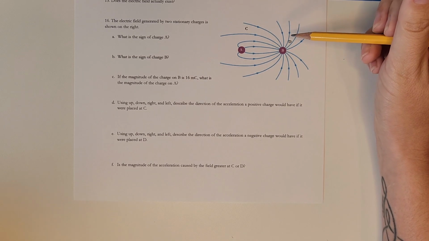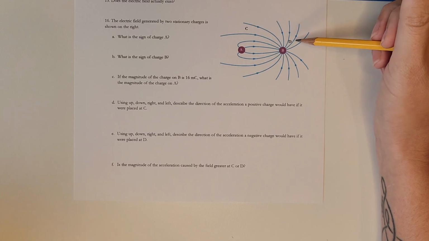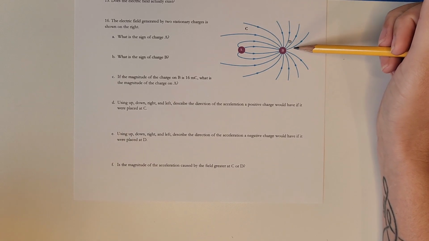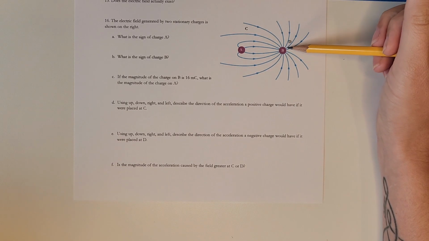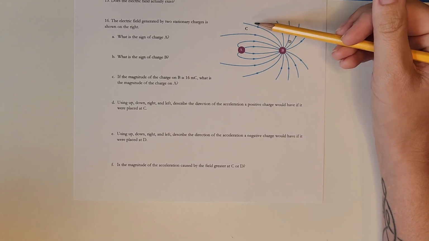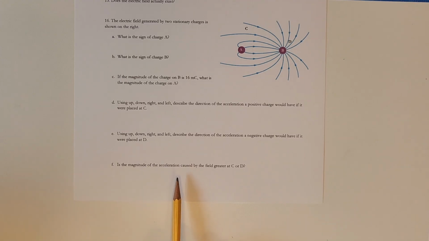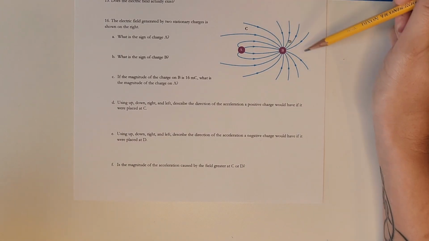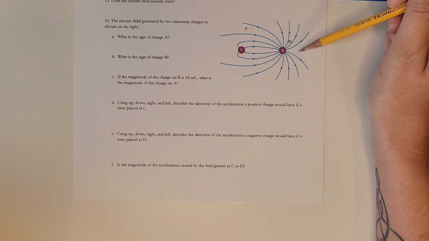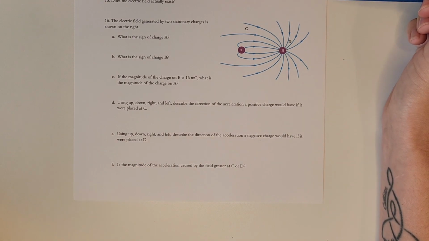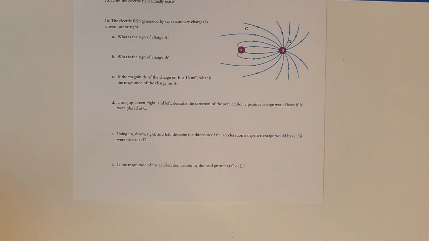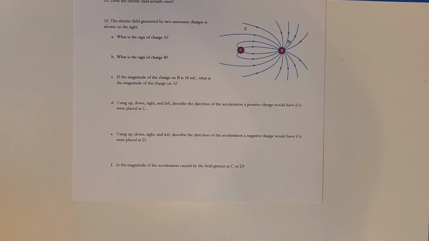In D, there are a lot more field lines in close proximity to it than C. Now the question is about acceleration, but force equals mass times acceleration. So if force is proportional to the number of field lines, so of course is acceleration. And so the answer there is D.